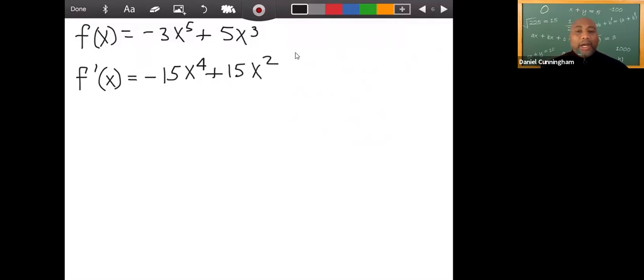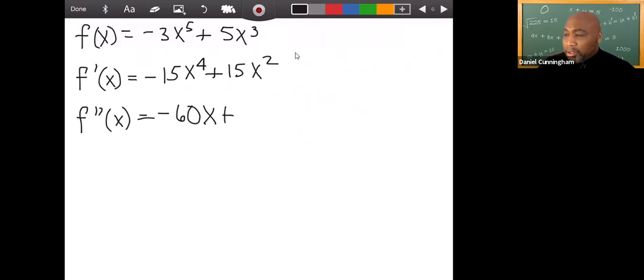I want to make sure I write that correctly. Our second derivative will be 4 times that, which is -60x plus 30x. And this -60 should be x cubed.